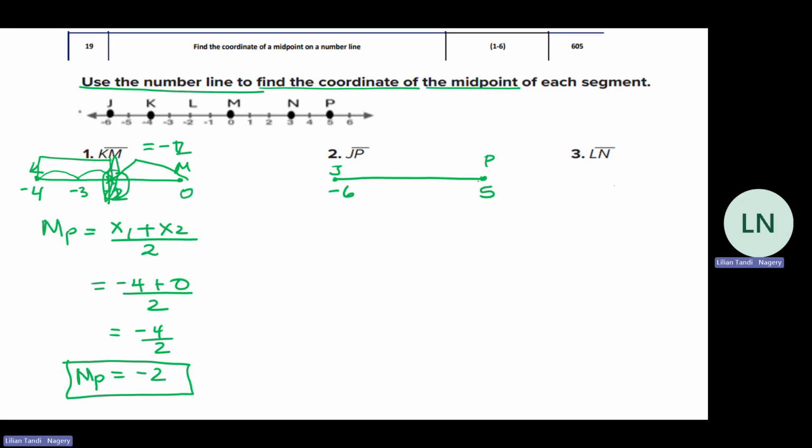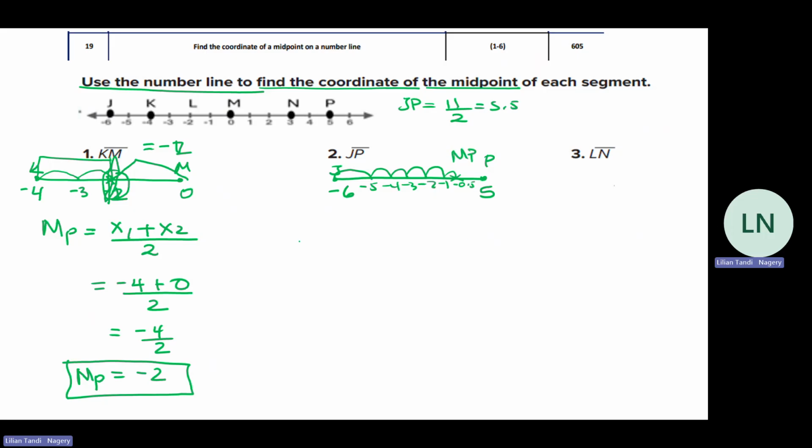Half of 11 is 5.5, so I divide by 2 and I need to move 5.5 spaces. 1, 2, 3, 4, 5.5. So this will be -5, -4, -3, -2, -1, and this will be -0.5. That's where my answer should be for the midpoint.